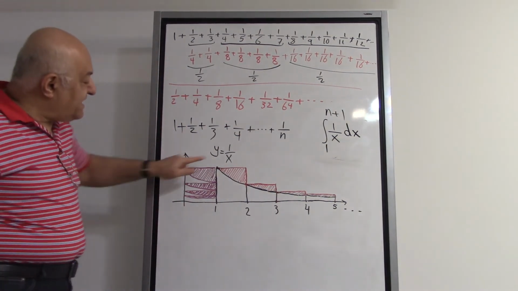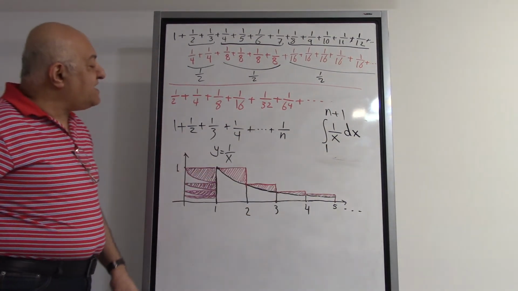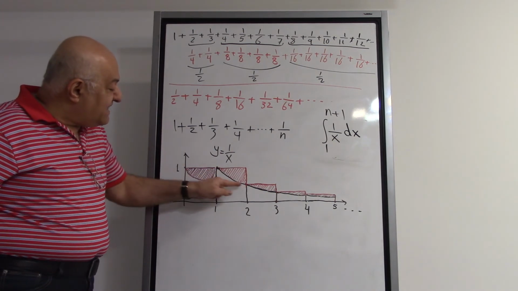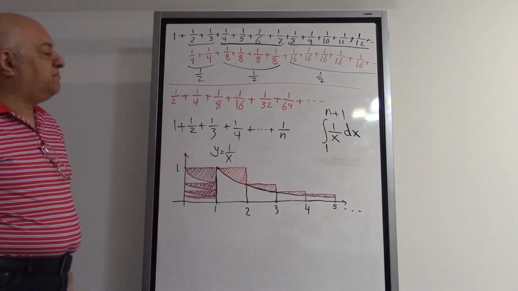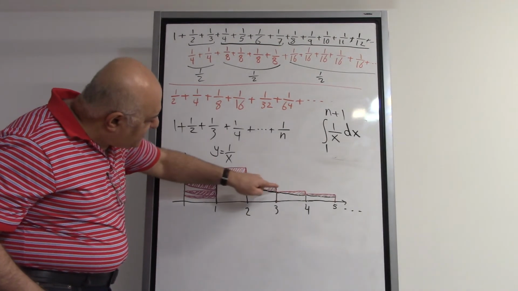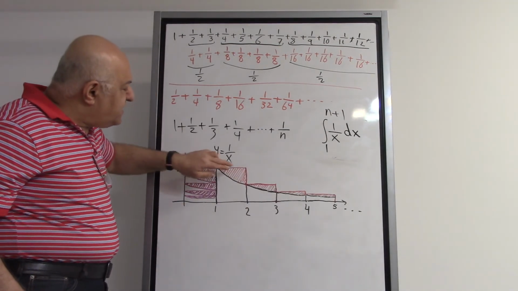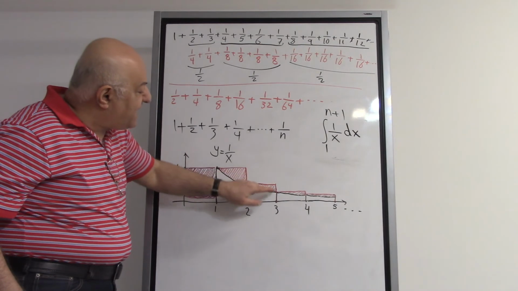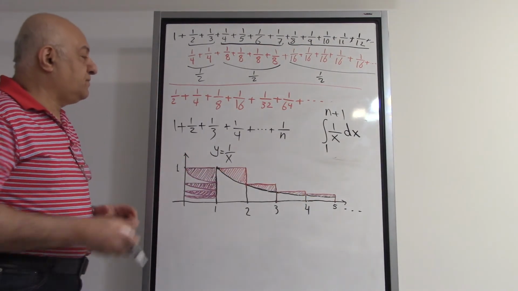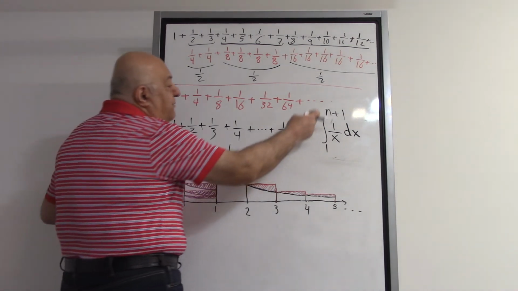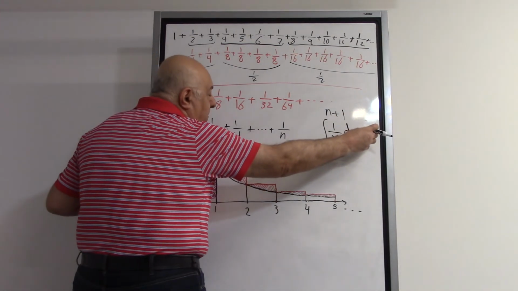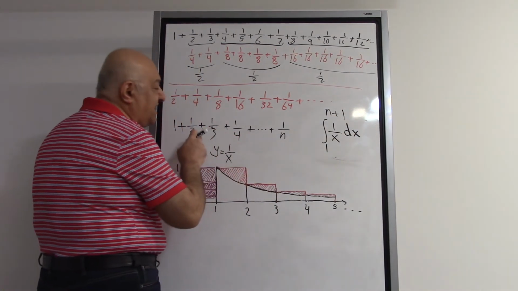So obviously this area is bigger than the area under this curve. By how much? By these shaded red areas. This is the difference between the area of that and the area under those. So if you find the area under the curve and add some number to it, that becomes this area.